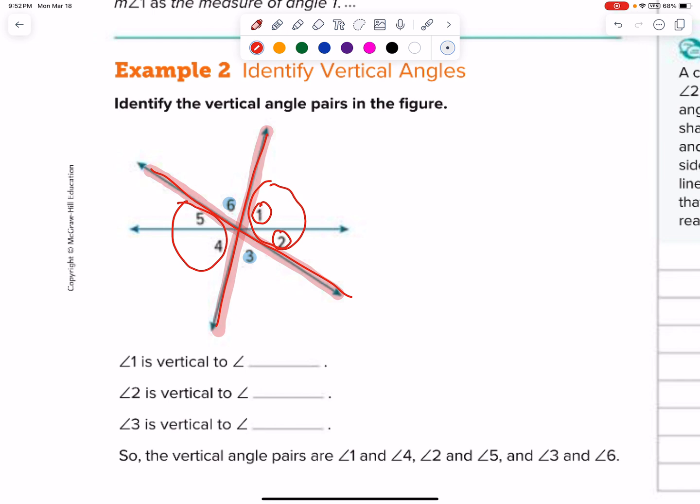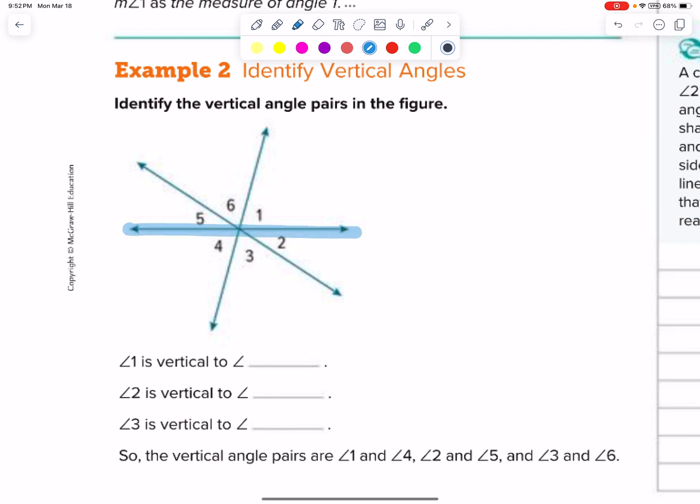Those are on the opposite sides of my X. So I just want you to see that when I say highlight your X to help you out, I really, really mean it. It's very, very important for understanding what's going on. And then you could highlight other X's too. So I can highlight this one and this one, and then I can look which ones are opposites. So 2 and 5 would be equivalent, okay?